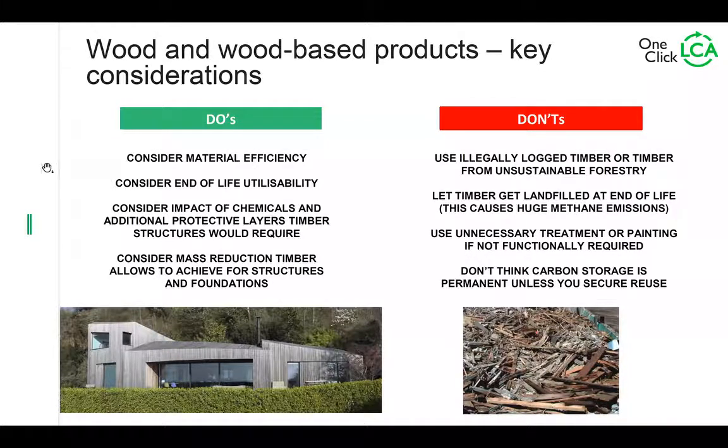So on the do side, even if you make a wood building, do consider material efficiency. End of life, I did talk about that at some length. Wood in many applications needs additional layers.